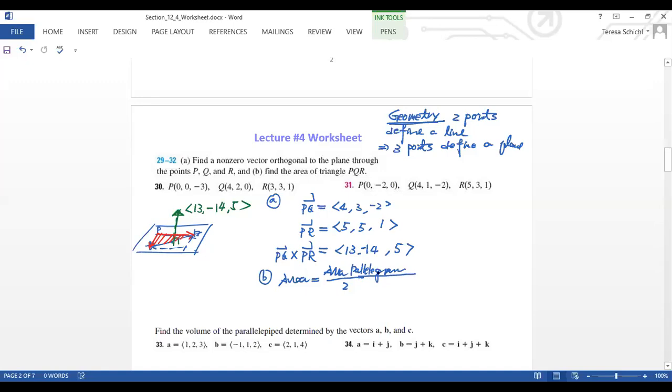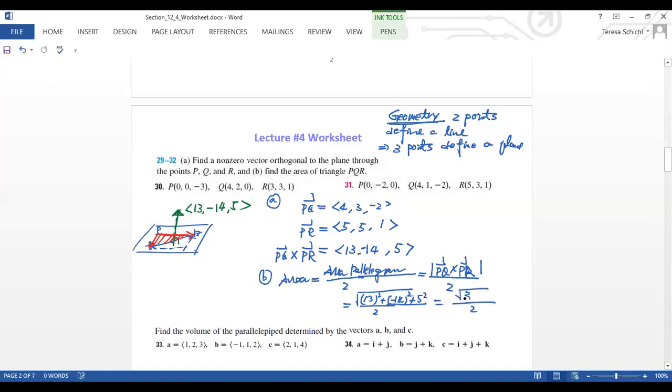So what is the area of the parallelogram again? It is the length of PQ cross PR. So it's the length of it, and this is the half. The length will be 13 squared plus -14 squared plus 5 squared.